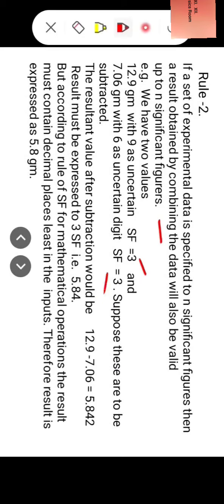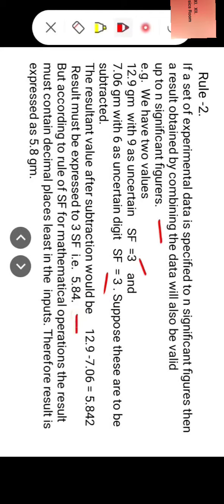Suppose these are to be subtracted. The resultant value after subtraction, 12.9 minus 7.06, will be equal to 5.842. The result must be expressed to 3 significant figures, that is 5.84.